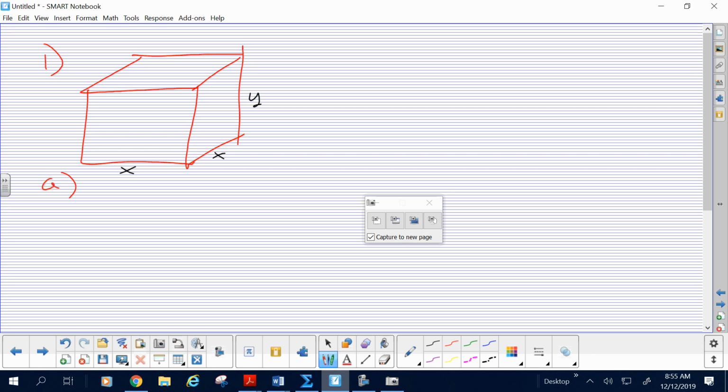The base is $8 per square meter. The sides are $15 per square meter. And the top is $4 per square meter.